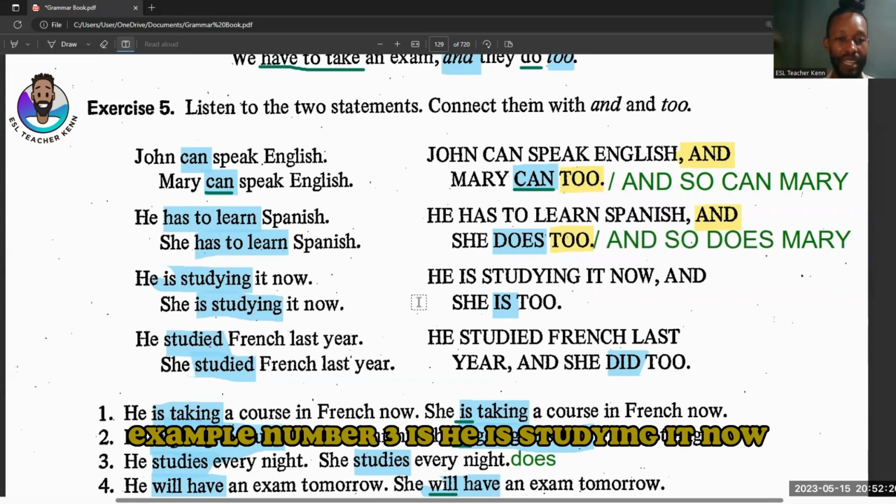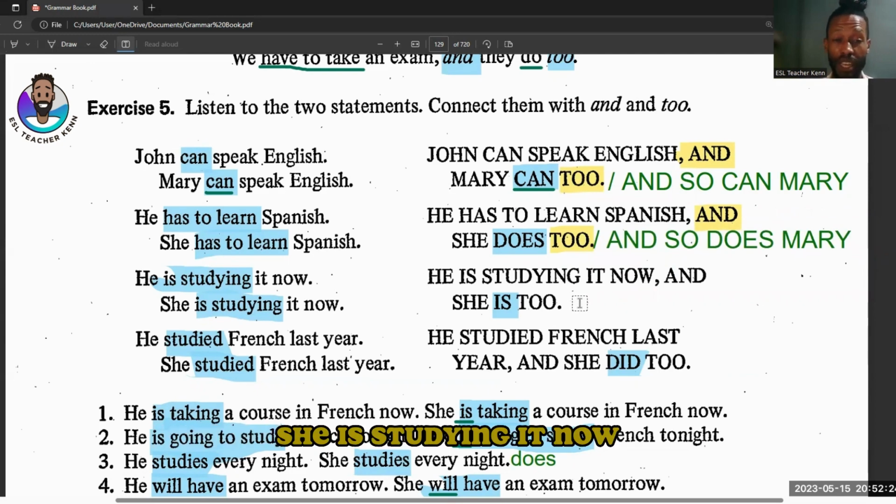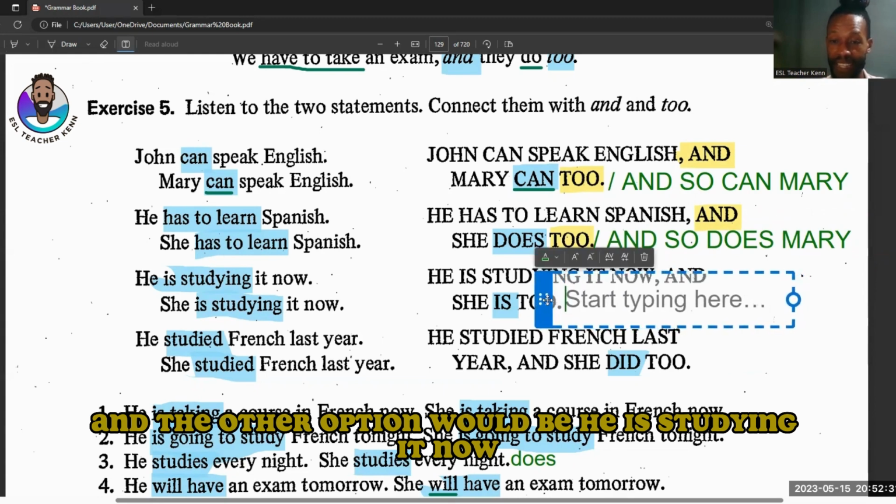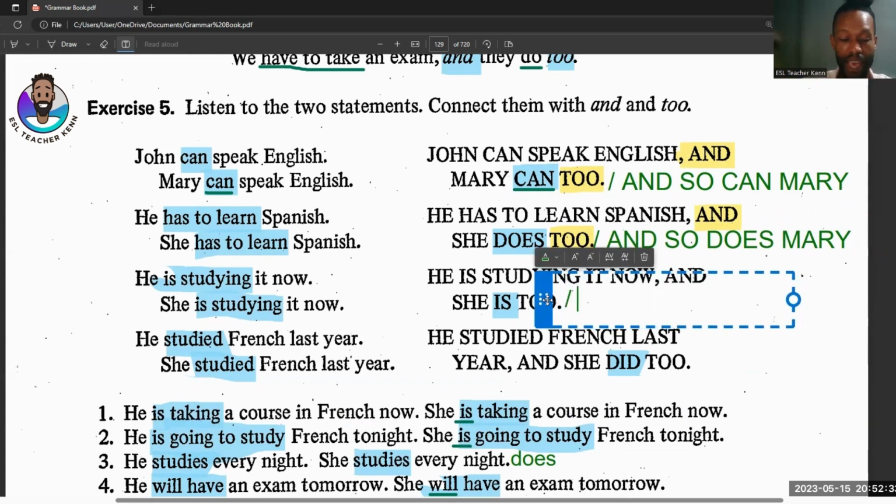Example number 3 is he is studying it now, she is studying it now, and the other option would be he is studying it now, and so is she.